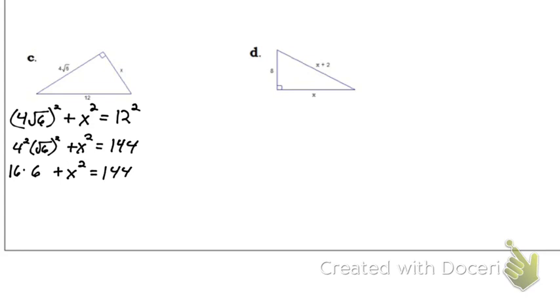All right, 16 times 6 is going to be 60 plus 36, so that's going to be 96, plus x squared equals 144. 96 subtracted on both sides, you're going to end up with x squared equals 48. Then we're going to take the square root of both sides to give us that x equals the square root of 48.